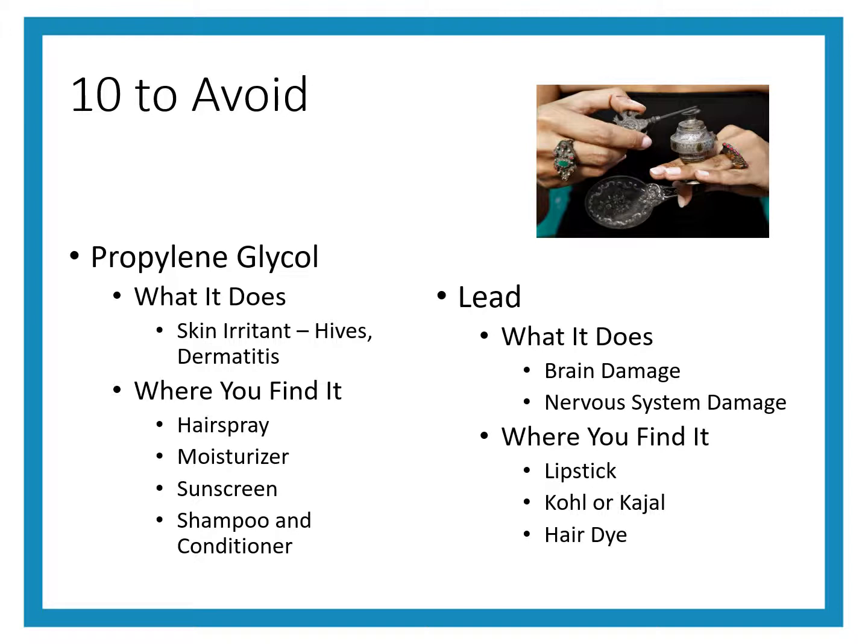So this is kind of tricky because you're not going to see it listed on an ingredient list. What happens is that manufacturers will get products that are contaminated with it, or raw materials that are contaminated with it, and then it happens to find its way into your products.